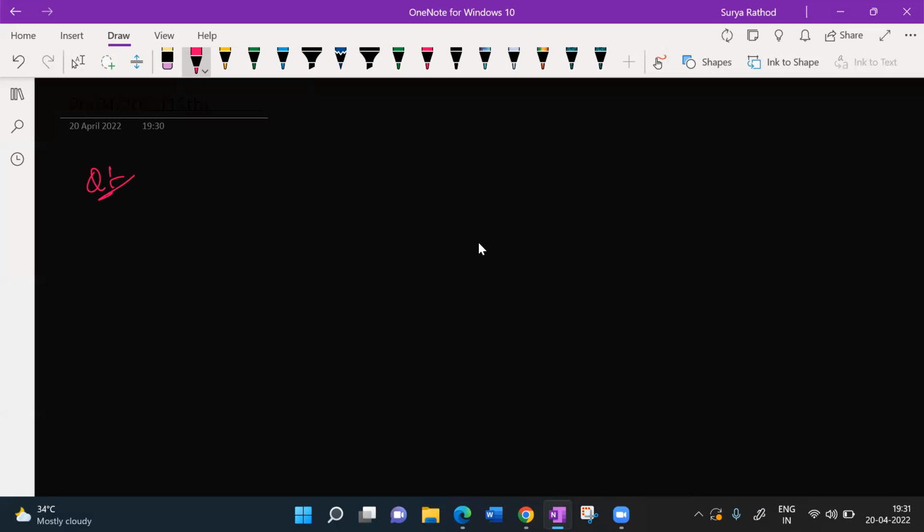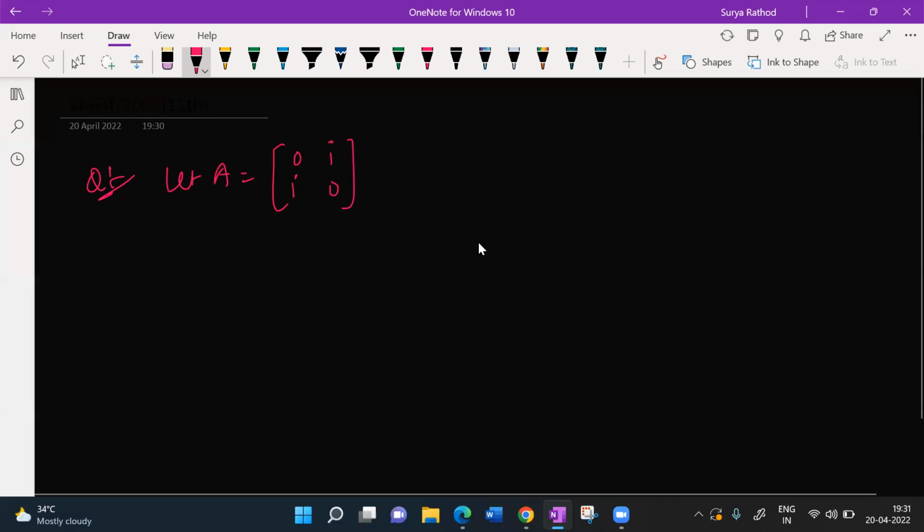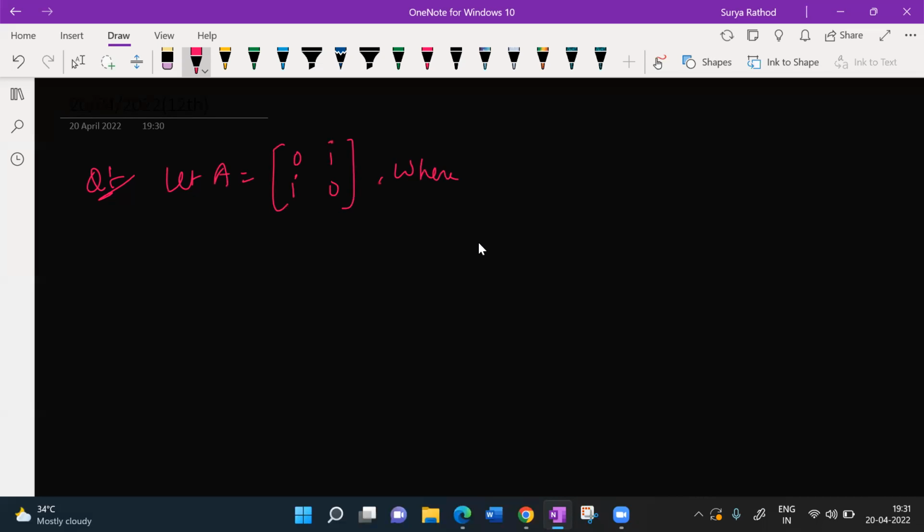First question. Let A matrix be [0 I; I 0], where I square is equal to minus 1, and let I denote the identity matrix of order 2.